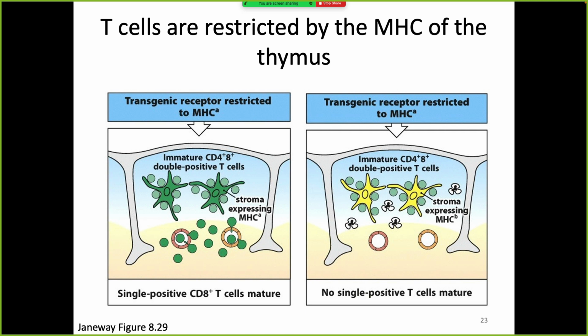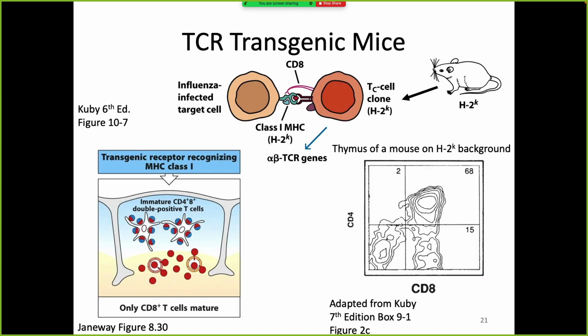One of the ways that people did this was doing that same type of experiment with a transgenic mouse, where those cells were either responding to matched MHC or non-matched MHC. So what they're doing here is they're taking their original mouse, taking out the alpha and beta chains of a specific T cell that responds to a particular MHC plus peptide in that mouse, and putting these genes in an embryo.